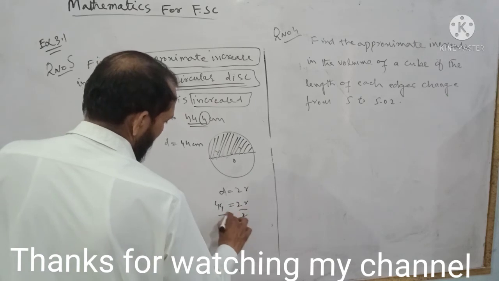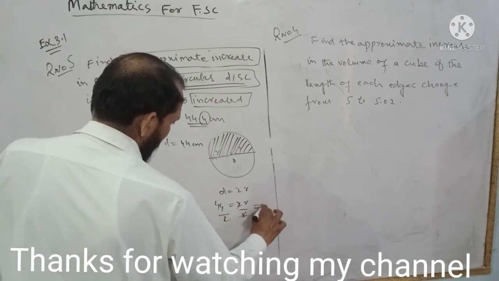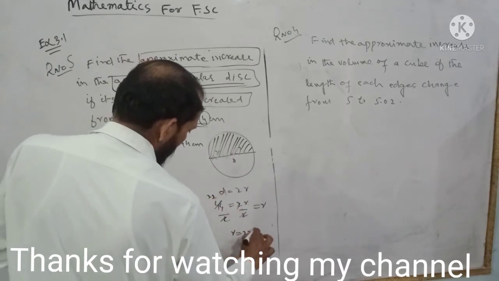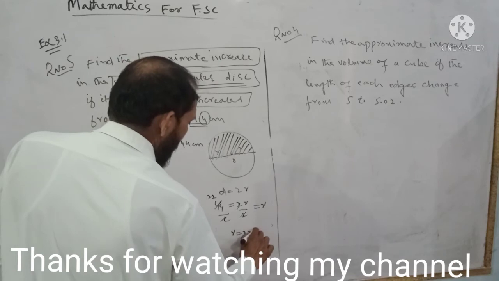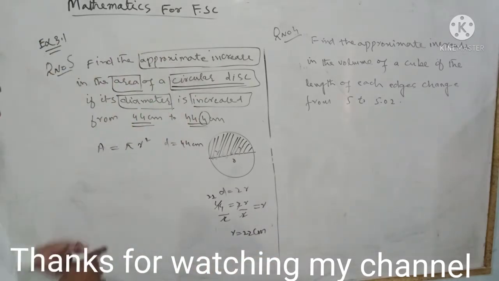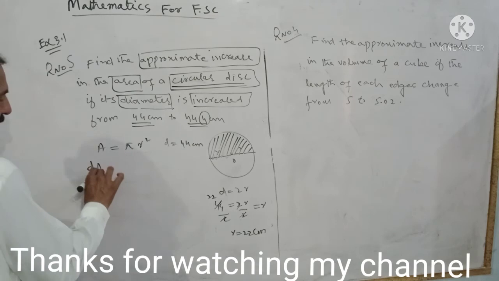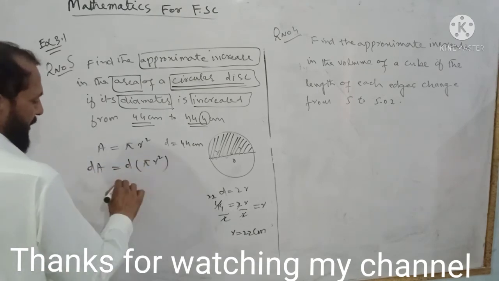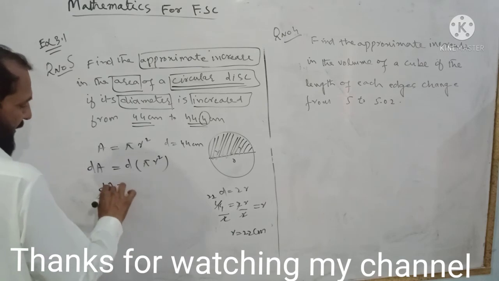We divide by 2 on both sides. This implies that r is equal to the radius, 22 centimeters. We have the approximate increase, which is defined by the differential dA.